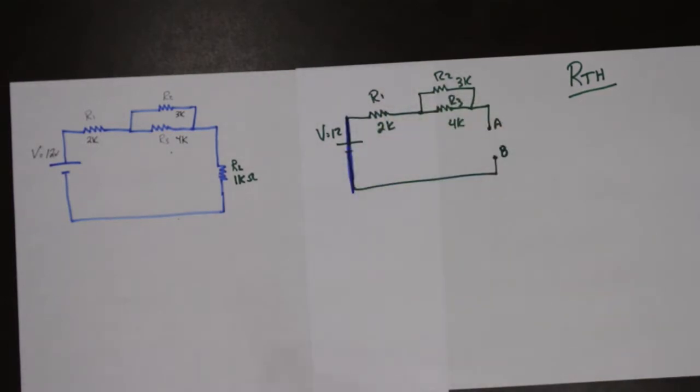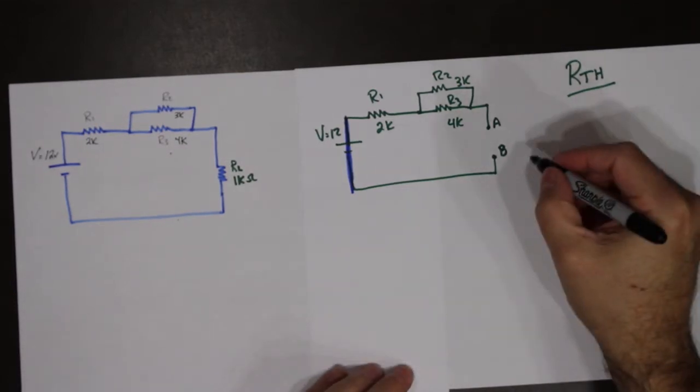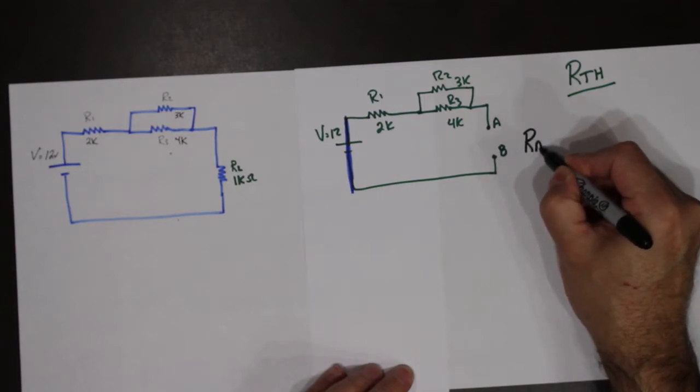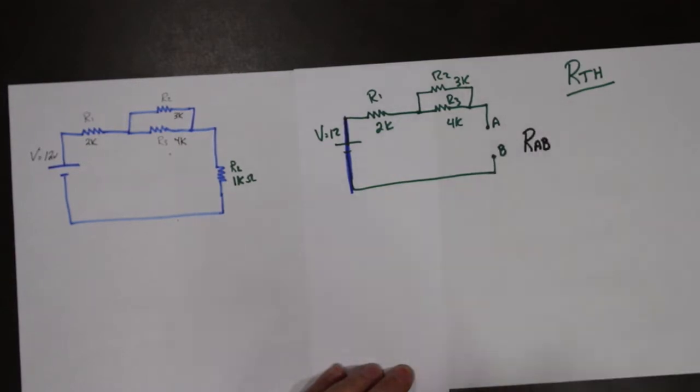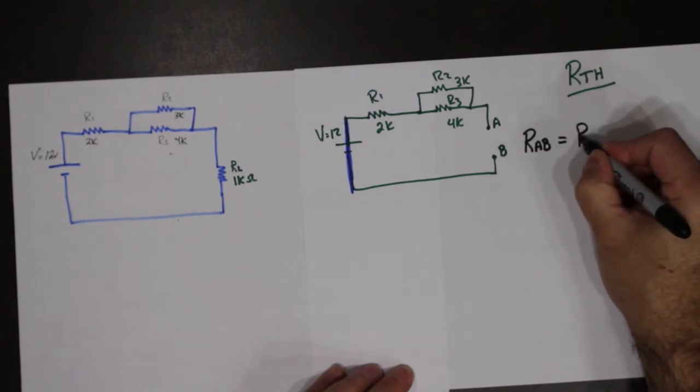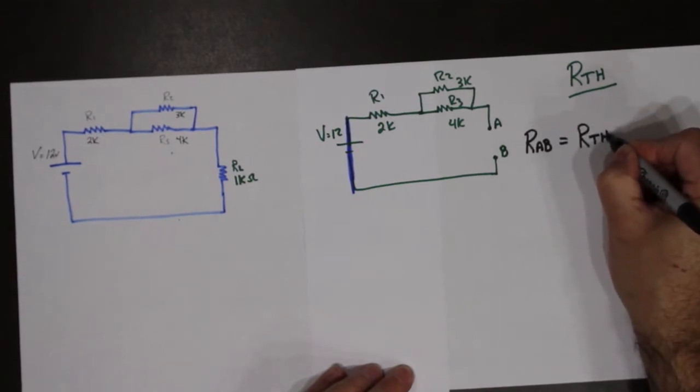Then what you need to do is you need to solve the resistance from A to B. And the resistance from A to B is actually Thevenin's resistance.